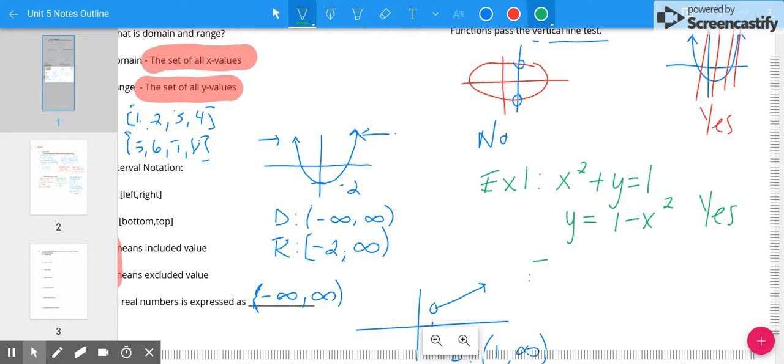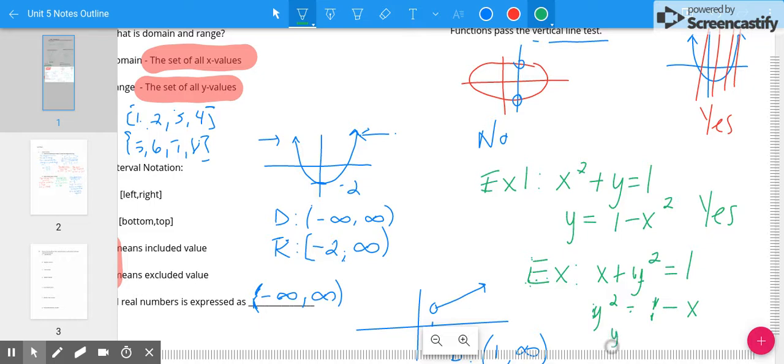However, if we looked at this example, let's say x plus y squared equals 1. Well, now when we solve for y, we'll get y squared equals 1 minus x. And when we solve for y here, we've got to take the square root.